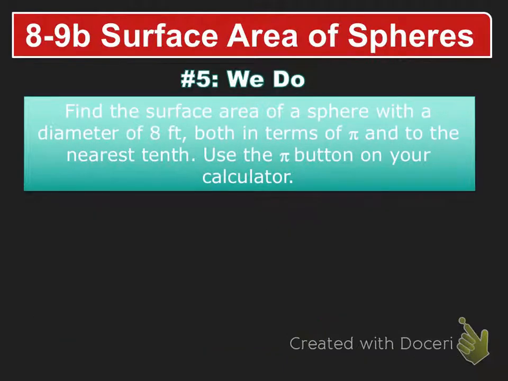So let's try another one here. It says to find the surface area of a sphere with a diameter of 8 feet, both in terms of pi and to the nearest tenth. Now if you remember, what's given to us is a diameter of 8 feet. Remember, to find the radius, we're going to take that diameter and divide it by 2. So we're going to get 4 feet.